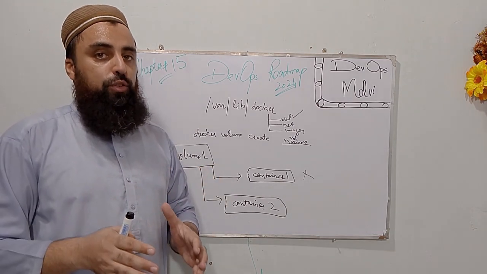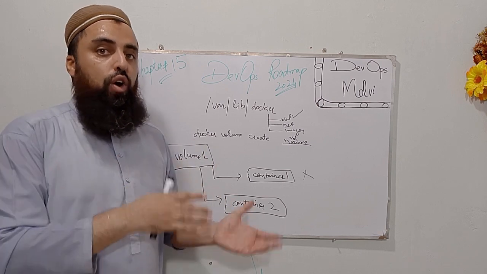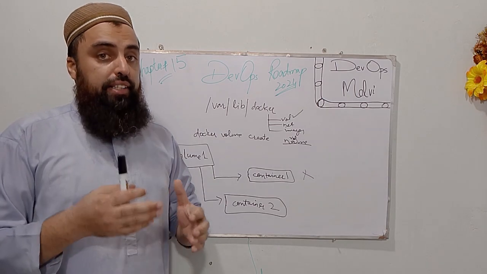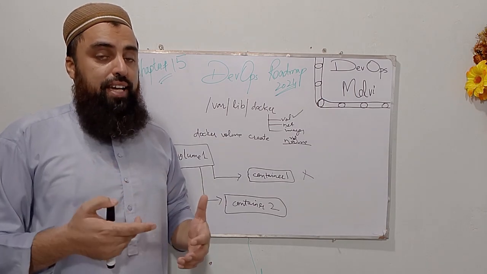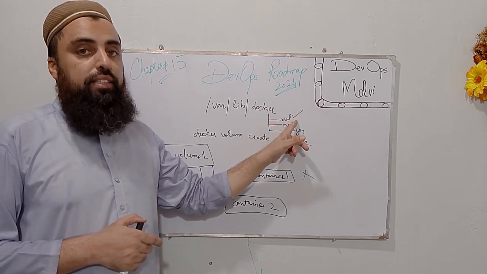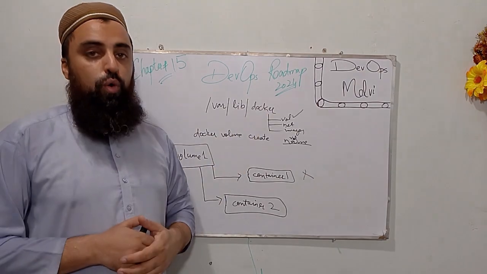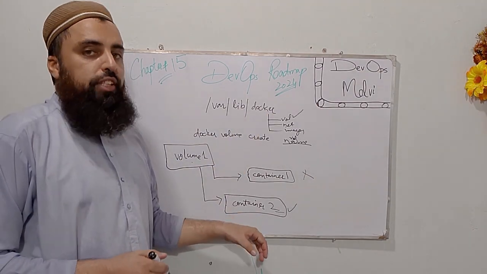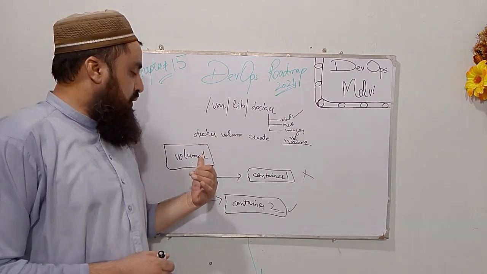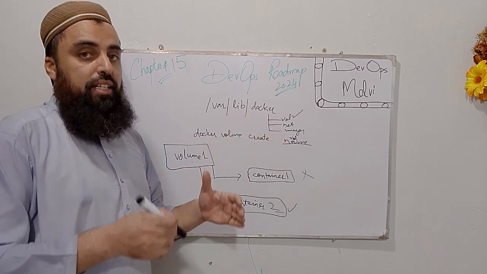for persistent data storage. And one more thing, if our data is updated, it is automatically updated inside the container as well. And if there are any changes made to the data inside the container, those changes would automatically be replicated here in the volumes directory on our host machine. If we make any changes inside the container regarding this volume, all those changes would automatically be replicated here in /var/lib/docker.